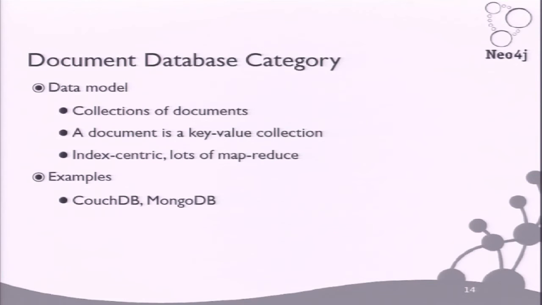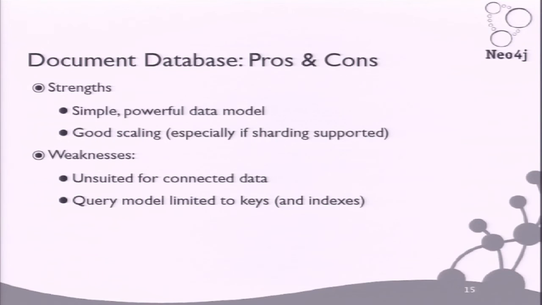Strengths: it's a super simple model. Most programmers out there very natively understand JSON. I'm a Java programmer by heart and by training, and so I almost understand JSON. Then it's super simple. You just take a JSON document, dump it into your database, and you're done. It's very, very simple.